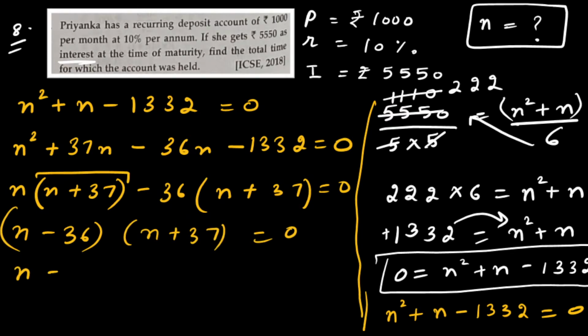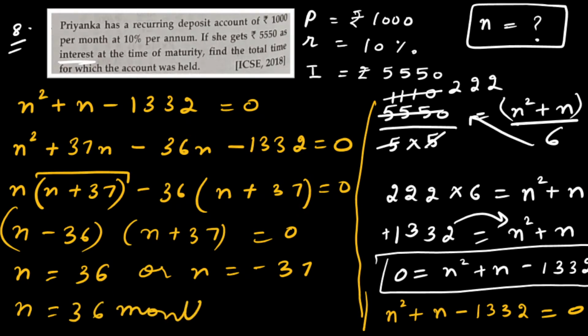So n's value will be n is equal to positive 36, or n is equal to negative 37. Time cannot be negative. So since time cannot be negative, we can accept 36 as our answer. So n is equal to 36 months.